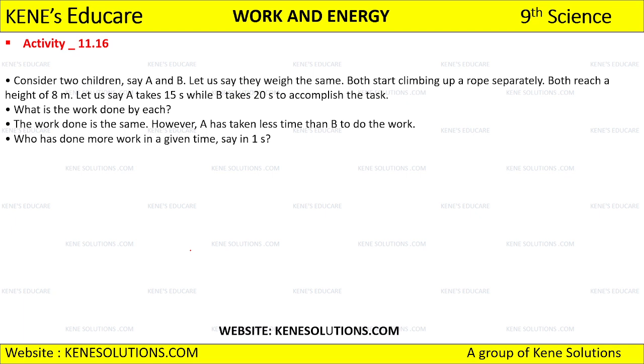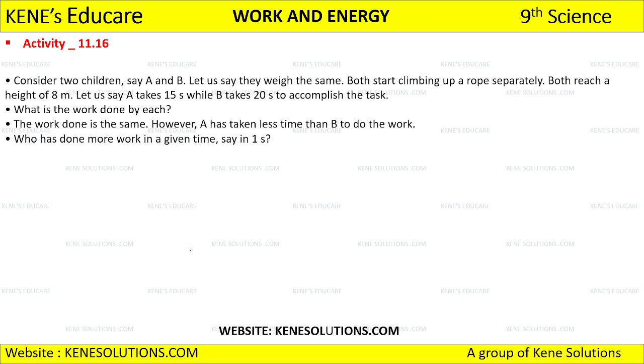Okay, so we have this activity 11.16 over here. Consider two children A and B, and let us say they weigh the same. After that, both start climbing up a rope separately.